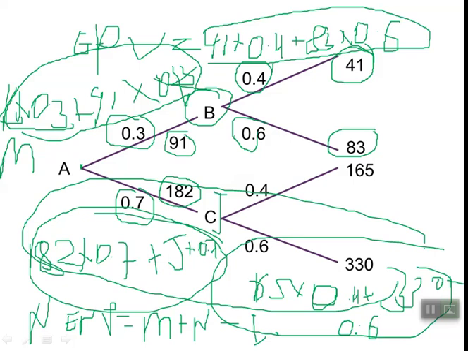Then you can get your expected net present value. So that is how we work out, using a decision tree, our expected net present value.